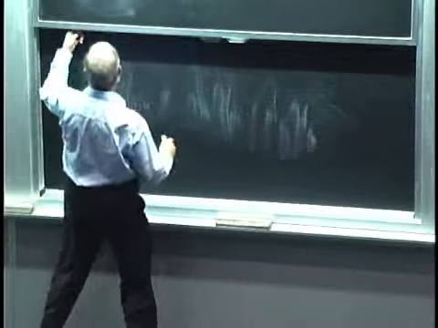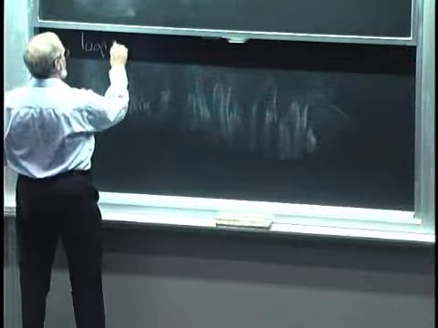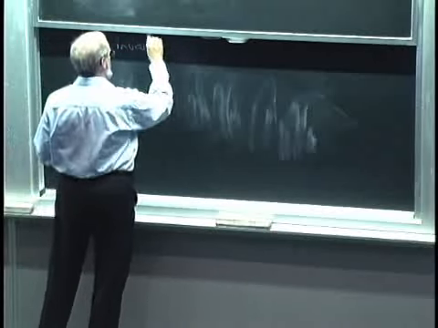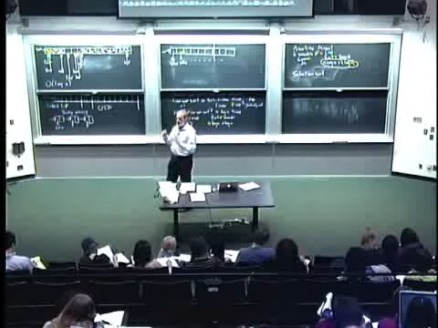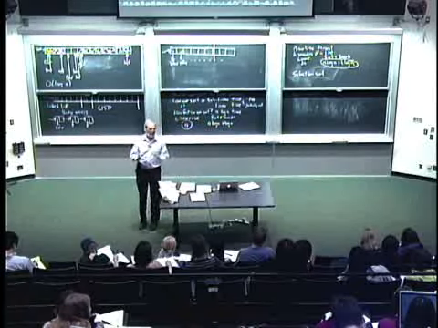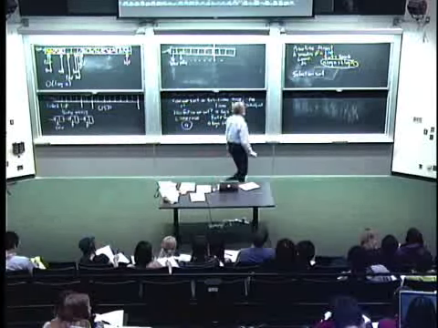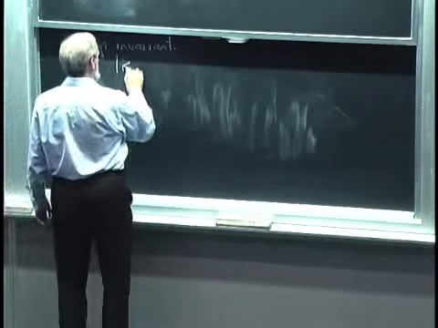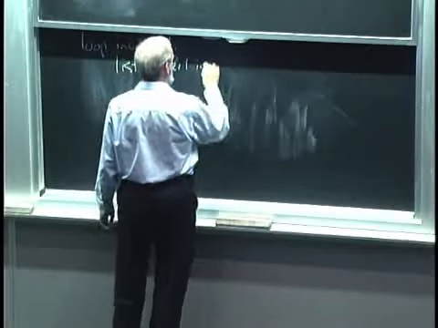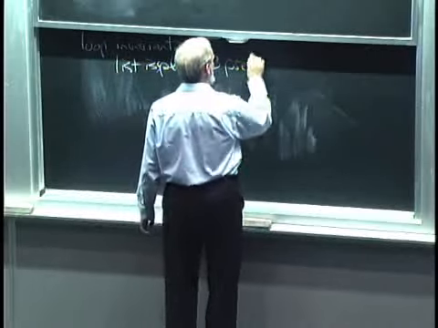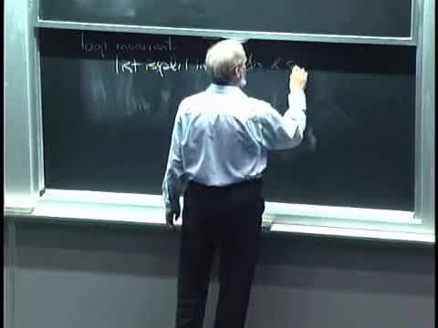Actually, let me put it on this board so you can see it. The loop invariant, what does a loop invariant mean? It says, here is a property that is true of this structure every time through the loop. And the loop invariant here is the following. The list is split into a prefix, or a first part, and a suffix.